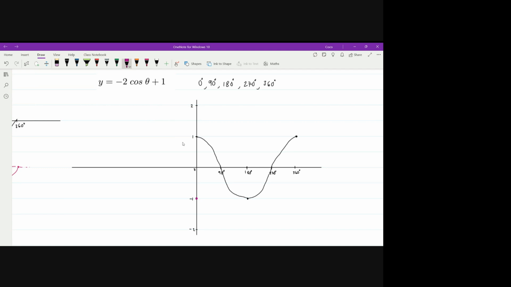Please correct me if I'm wrong, because I'm kind of doing this in my head as we go. At cos of 90, I should get 1. Did I mess it up? No, I didn't. What do I get at cos of 90? You get 1. Yes. Cos of 90, we get 1.